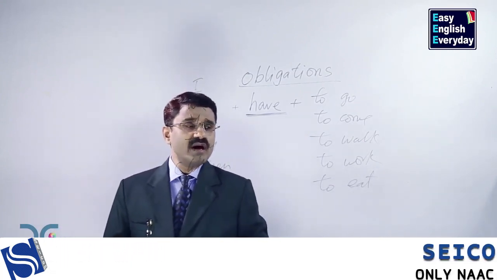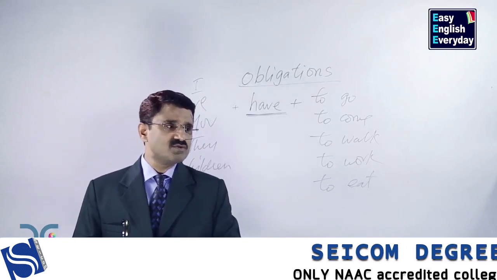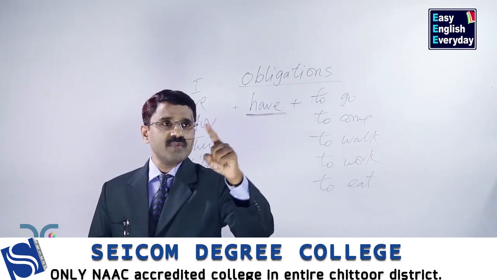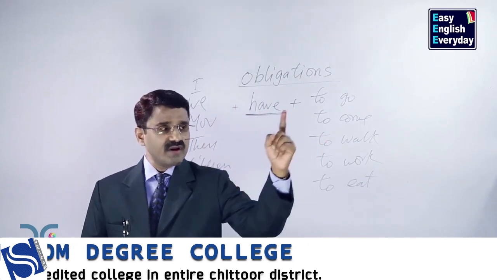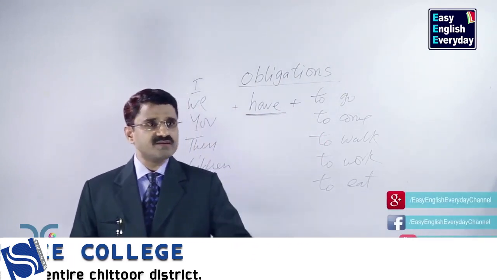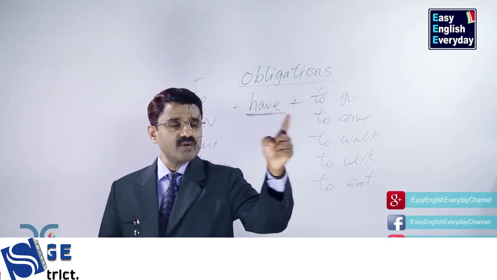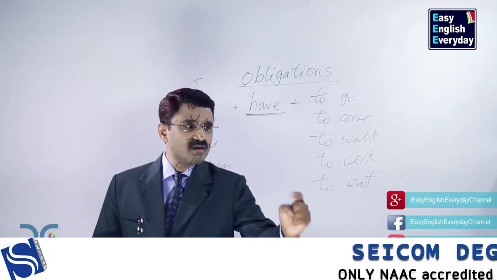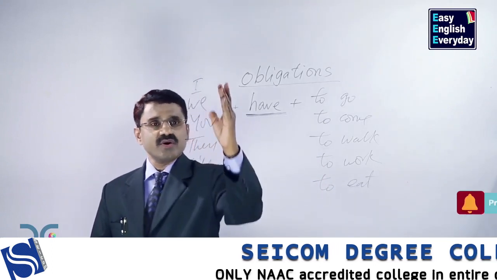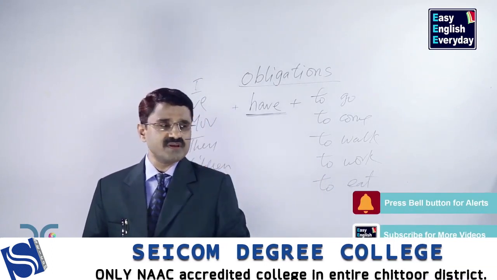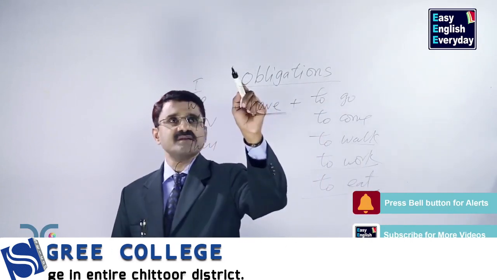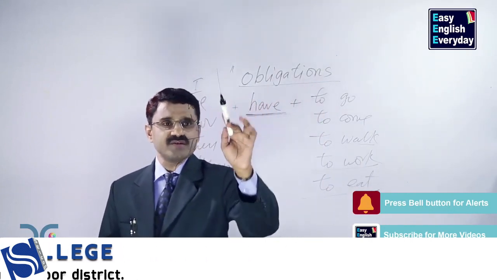We have to go, we have to come, we have to walk, we have to work, we have to eat. You have to go, you have to come, you have to walk, you have to work, you have to eat. So you can make examples for these 5 people, and these sentences indicate that it is an obligation.